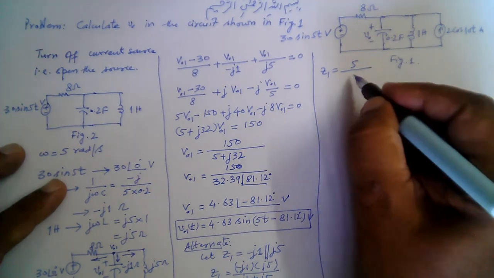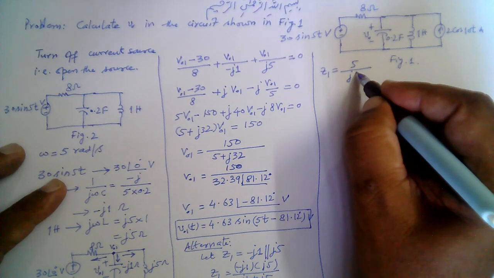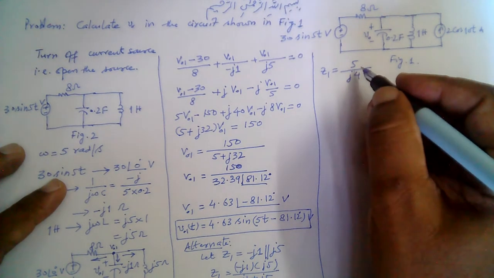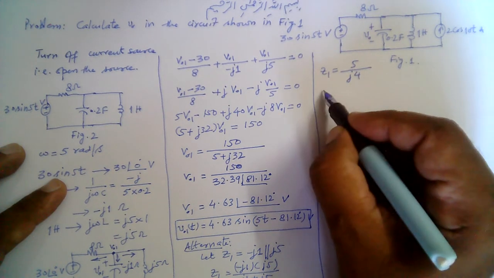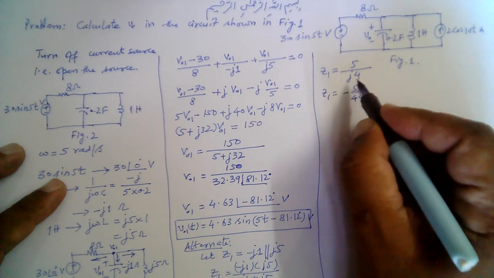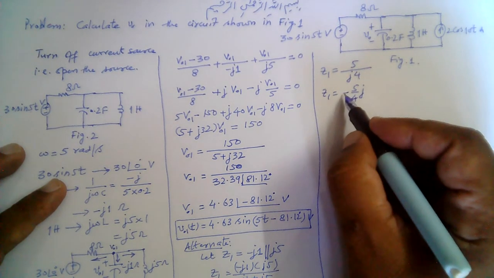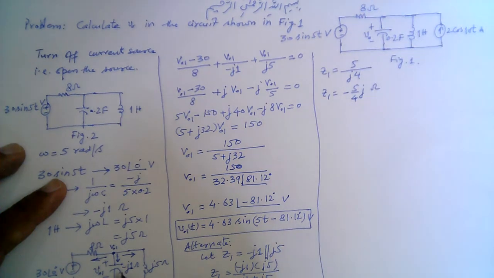So that will be j4, right? So we have Z1 is equal to minus 5 over 4 j. When j goes up, it will give a minus here. So this is the equivalent impedance of the parallel combination.